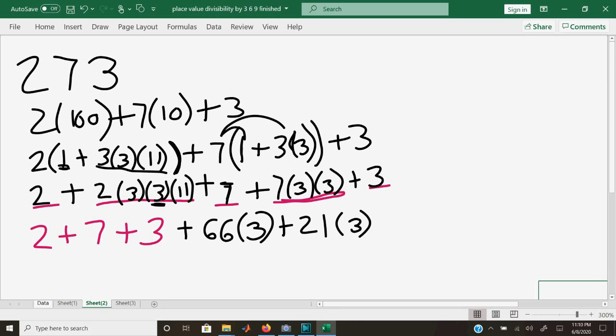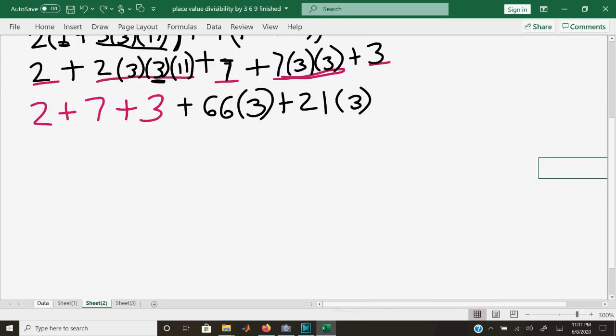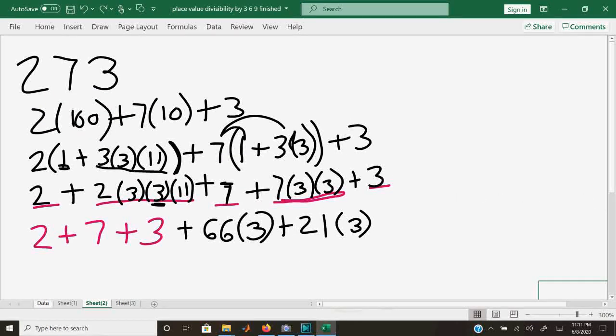Again, I'm going to go backwards. I'm going to take the distributive property backwards. I'm going to take 66 plus 21 times 3.